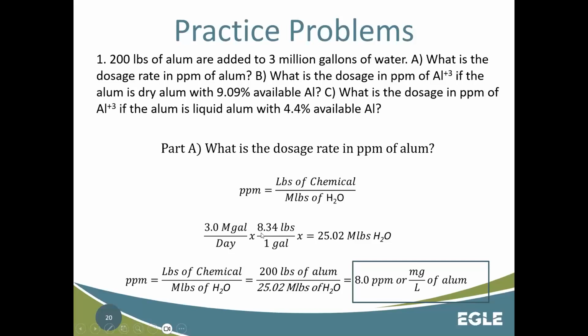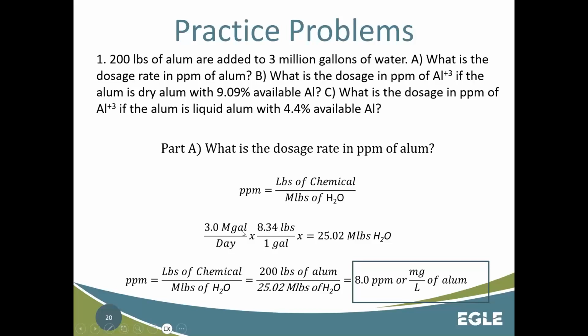Back on our reference slide before we started the problems, this information would have been provided, so you wouldn't necessarily have to have this memorized, but I guarantee you if you do enough of these problems, you're going to have it memorized. And that is that 1 gallon of water weighs 8.34 pounds.